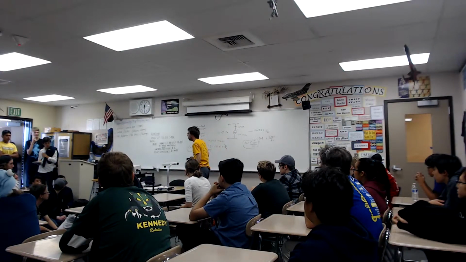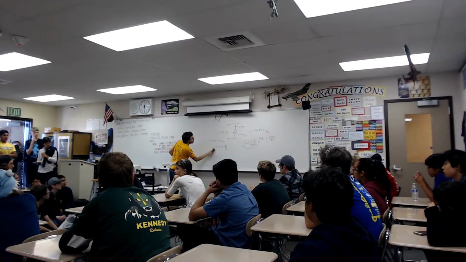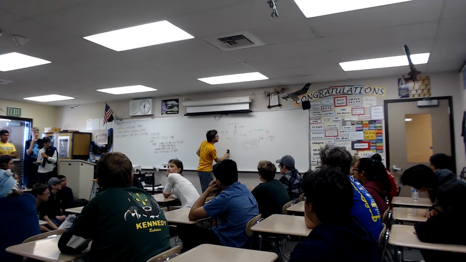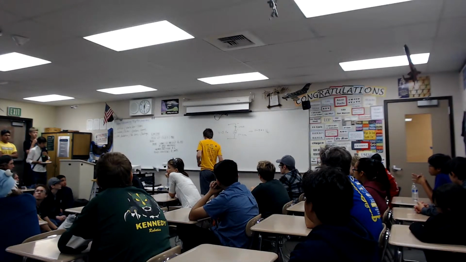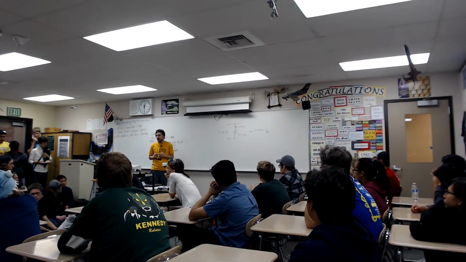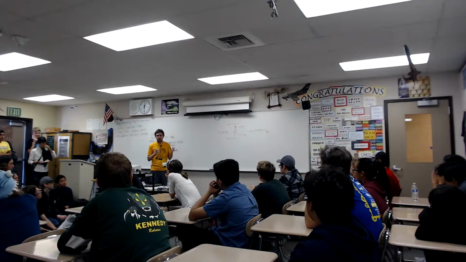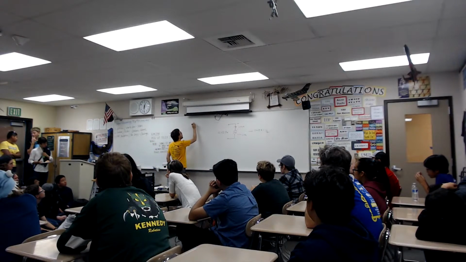So let's go model this attached to an elevator. Okay. So we'll do a free body diagram here. Just trying to break this apart. So we can model our elevator.